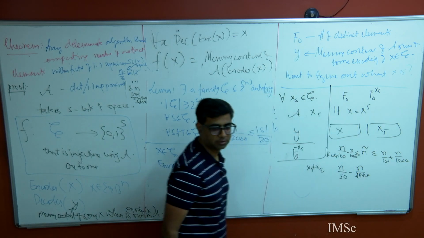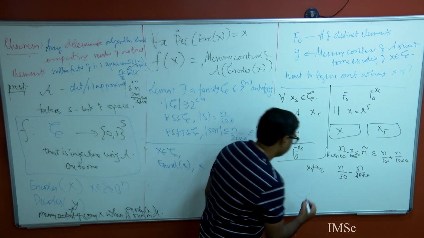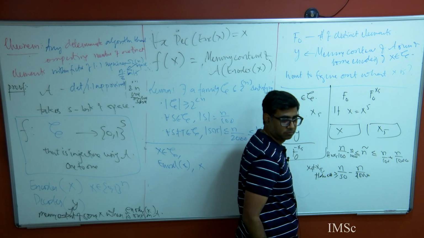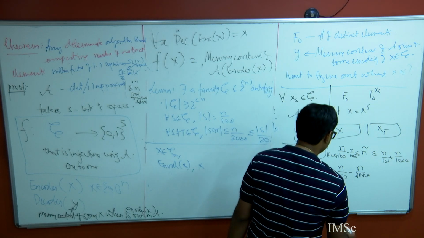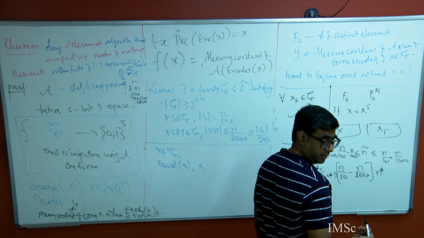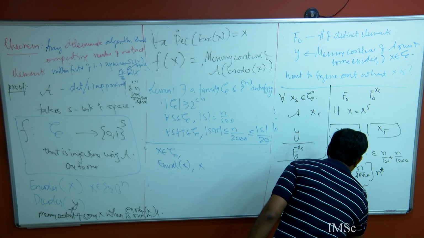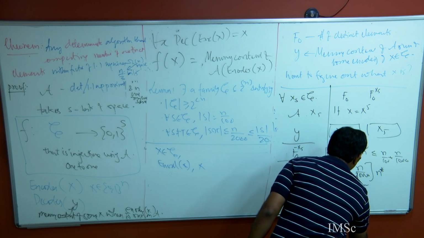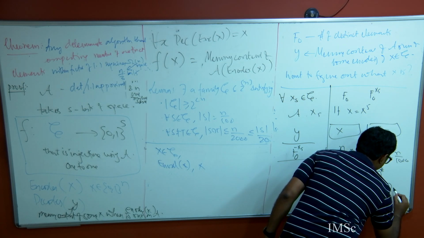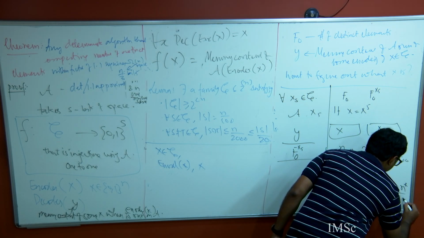Let's call this n star. Now my new n tilde is going to be between n star minus n star by 100 and n star plus n star by 1000.